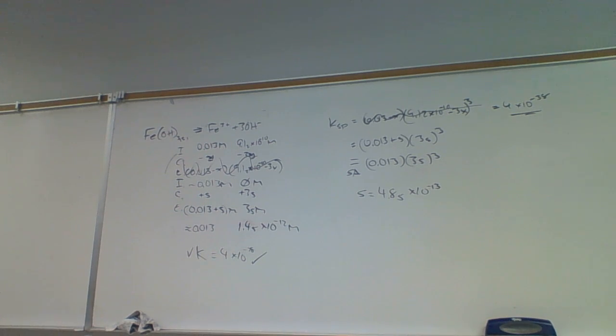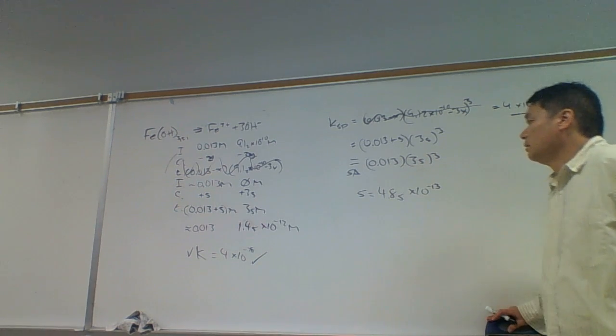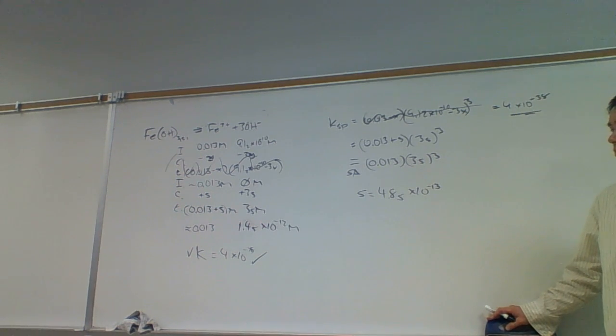So I assumed I had to convert the acetic acid and the sodium acetate, you know what I mean? I thought I had to use ionization for that, but I guess not.